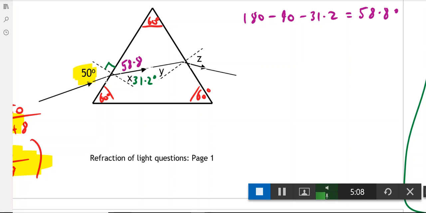Now we've got another triangle we've just created. We've got this triangle with one corner of 58.8, one corner of 60. The next thing we need to do is find this angle in here. All of the angles in a triangle add up to 180. So 180 take away 60, take away our 58.8 will give us our next value, which we're looking to put into this corner of 61.2.